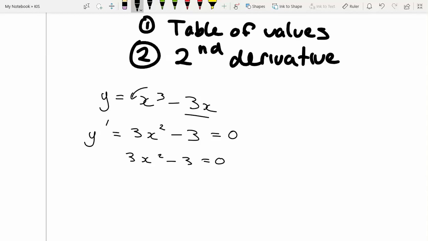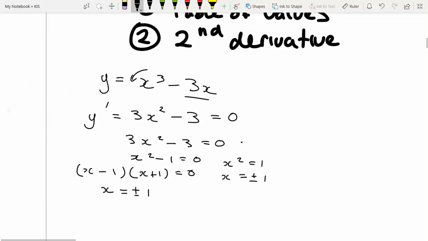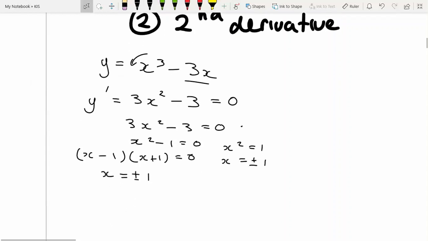We can divide by 3 on both sides, and we get x squared minus 1 is equal to 0, and do a factorization by difference of two squares: x minus 1 times x plus 1 is equal to 0, so x equals plus or minus 1. Or from this point, we could add 3 to both sides and divide by 3. So we would get x squared is equal to 1, x equals plus or minus 1. Both methods work. So the corresponding x coordinates on our function are going to be plus or minus 1.